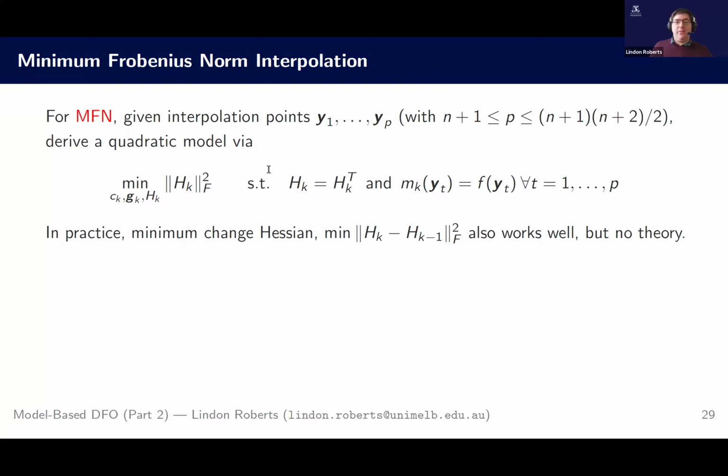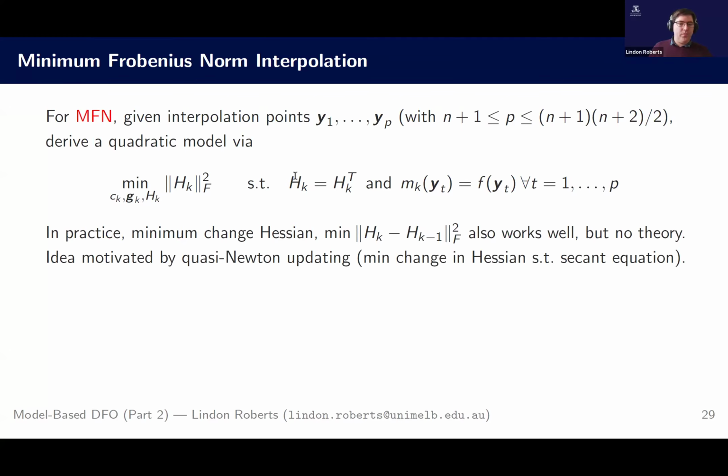In practice, you could use the minimum change in the Hessian, and that works very well, but there's no theory associated with that. This is motivated by quasi-Newton updating. For those of you that know how quasi-Newton rules are constructed, they do something very similar. Given the information we already have, find me the smallest Hessian or the smallest change in the Hessian that meets all the information that I want.